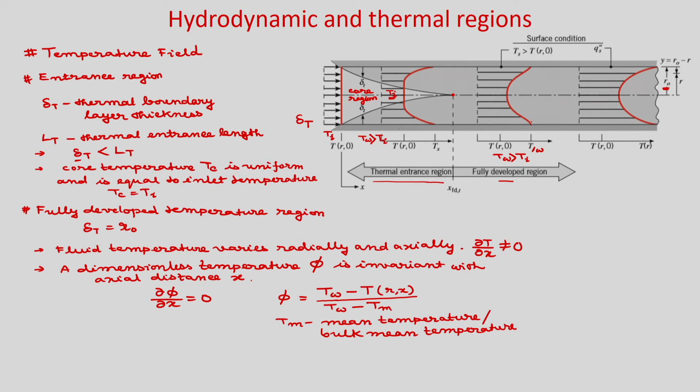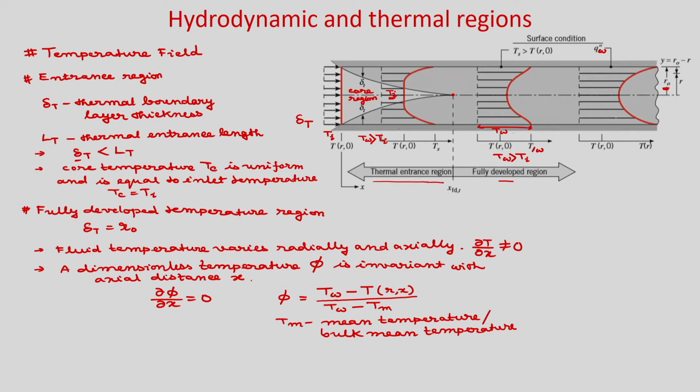Because this is the temperature T_w, and in the core region T_i is less than T_w, so it will have lower temperature than T_w. And if you have uniform wall heat flux, which is q double prime w, then your temperature distribution may look like this.